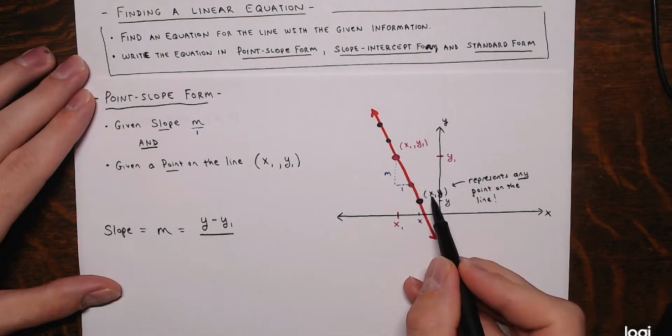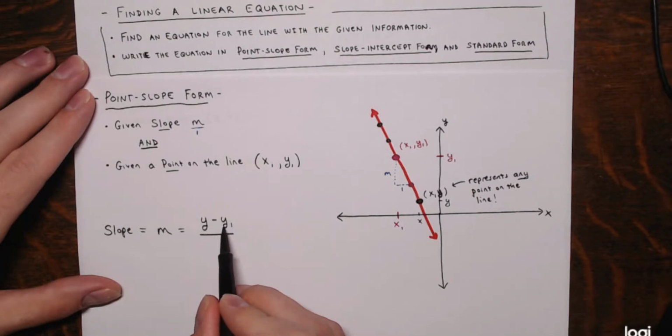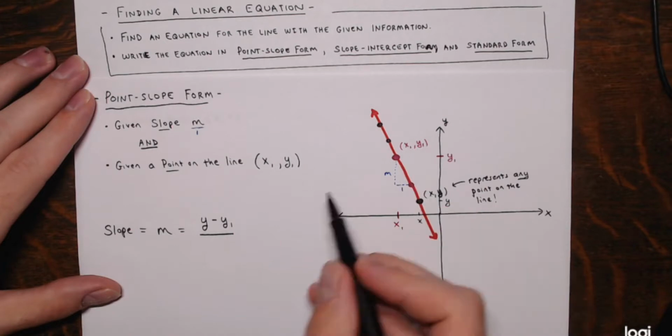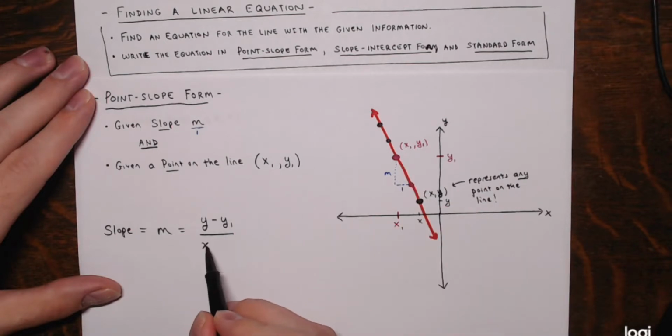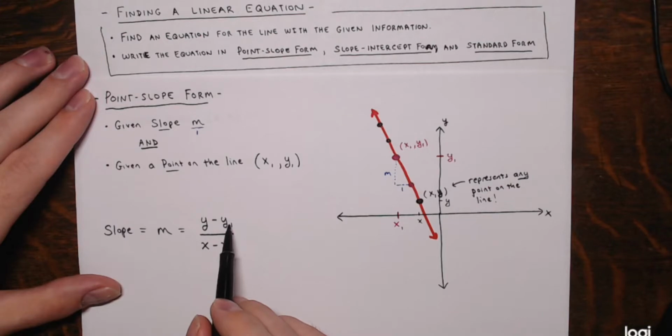And again, the order that you take the change in the y-coordinates needs to be the same as the order you take the change in the x-coordinates. So the unknown x minus the known x. So we have m equals y minus y1 divided by x minus x1.